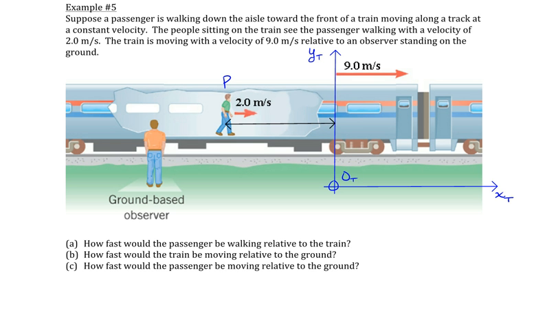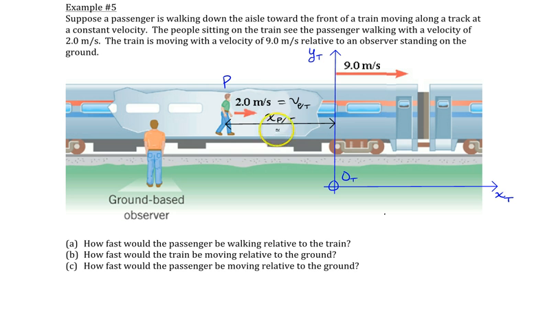The distance between the passenger and this established frame of reference we'll write as x with a subscript p slash t. So this is really the position x of the passenger relative to the train. We can also say that there is a velocity v of the passenger p relative to the train.